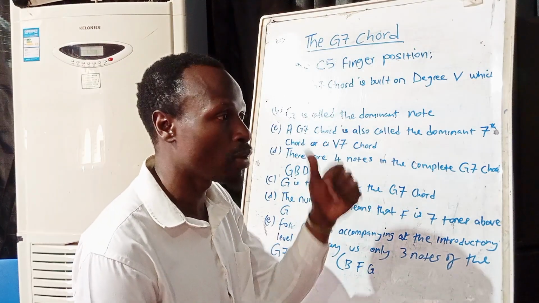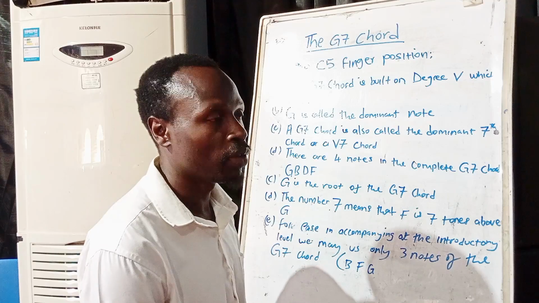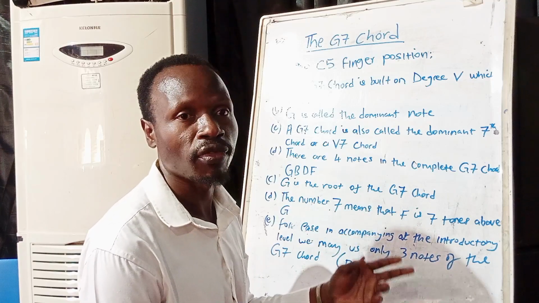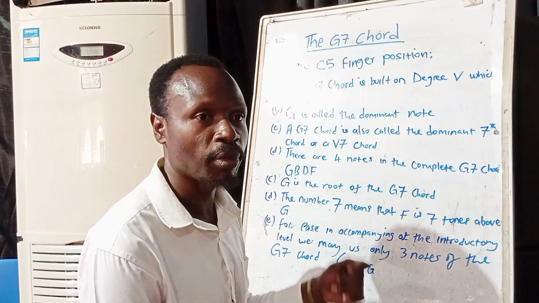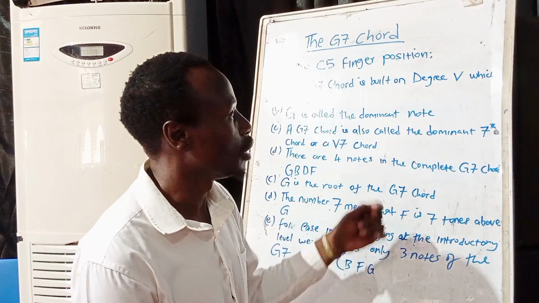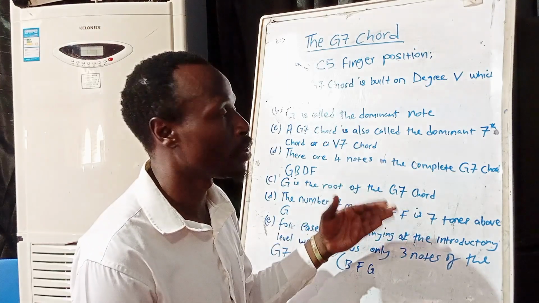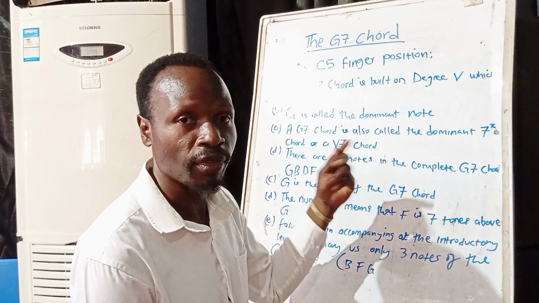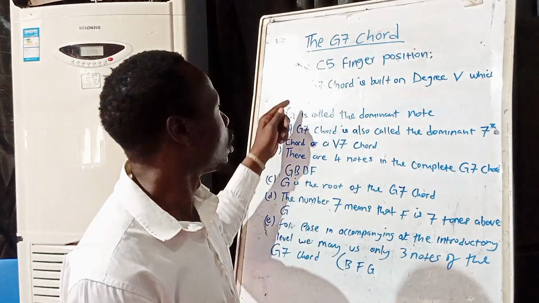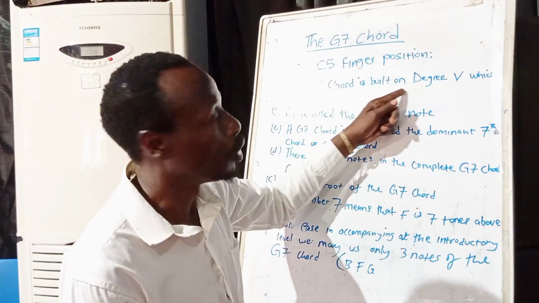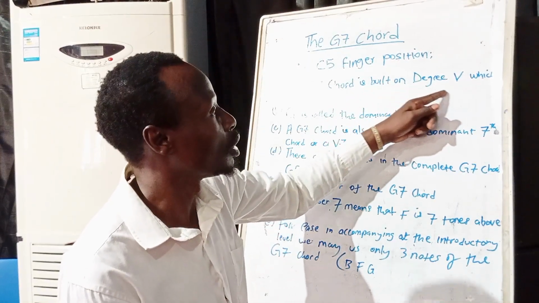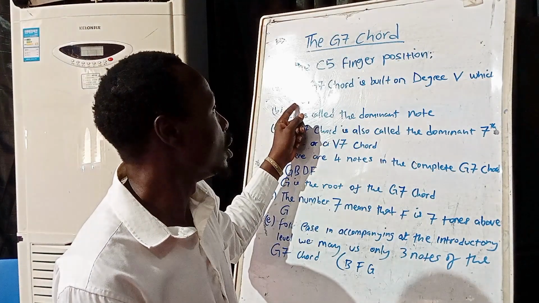Remember, we have degree 1, 2, 3, 4 and 5, then 6, then 7, then back to 1. So the G7 chord in the key of C will be found at the 5th degree. That's why I'm saying the G7 chord is built on degree 5, which is G itself.